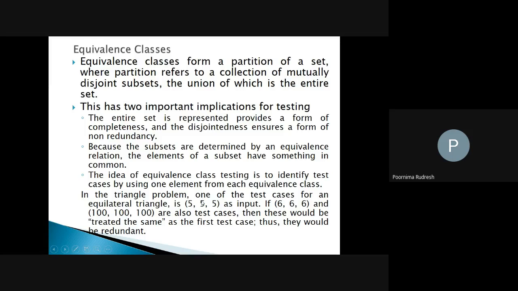Understood? Okay. So similarly for the isosceles triangle, when any two sides are equal, we say that the triangle is an isosceles triangle. If we consider examples like the sides of a triangle as 10, 10, 5 and 20, 20, 6, 20, 20, 5, then 100, 100, 5. Here in all three test cases two sides are equal and the third one is different, and all three test cases are examples of an isosceles triangle.